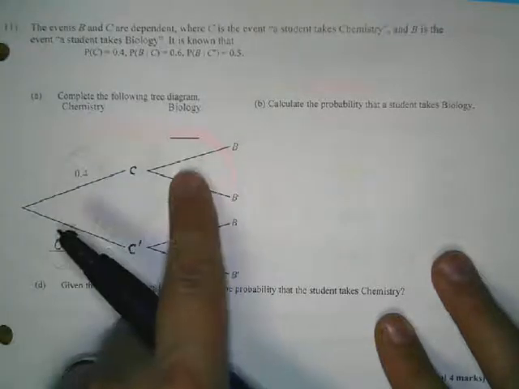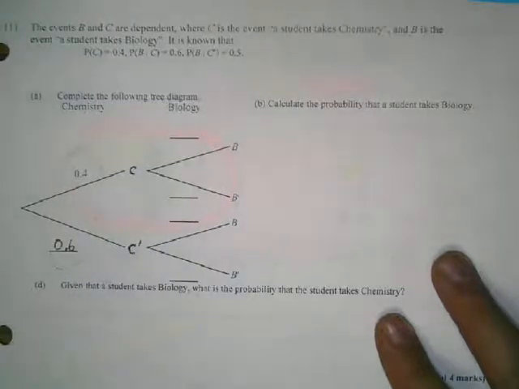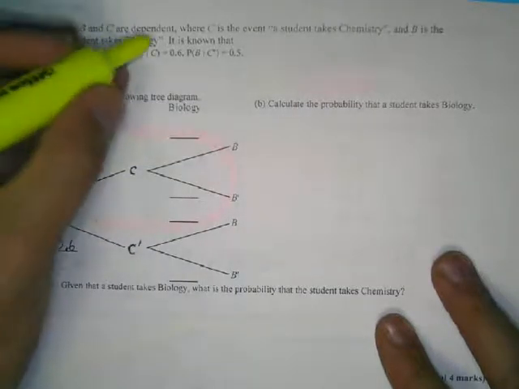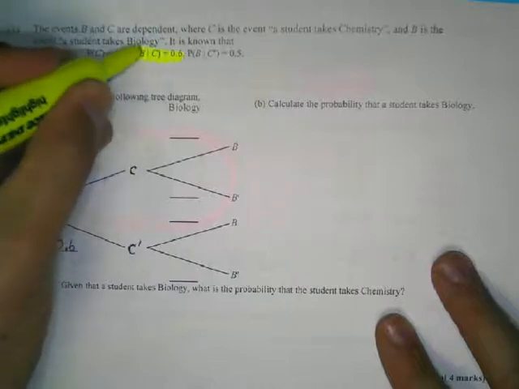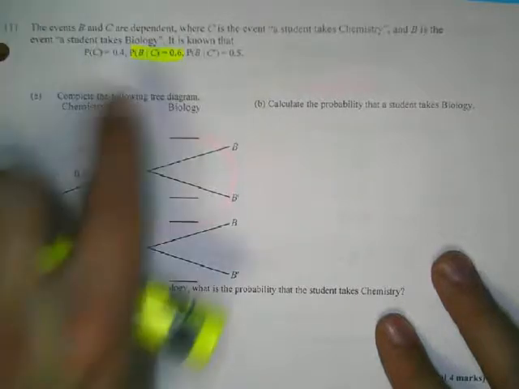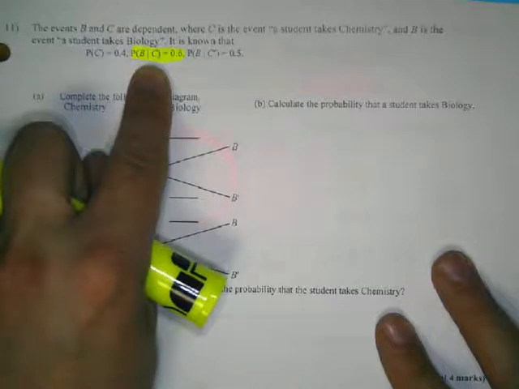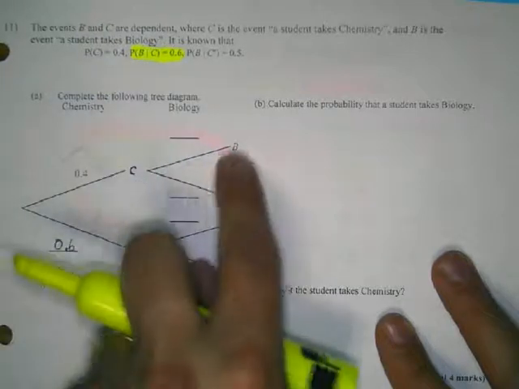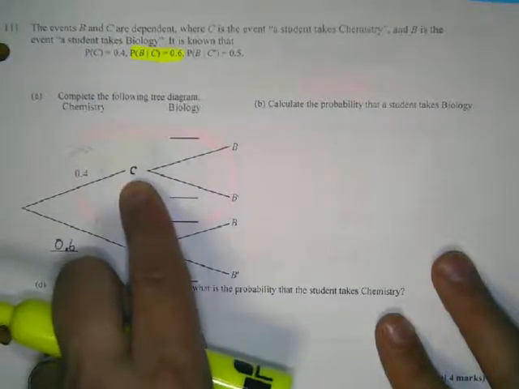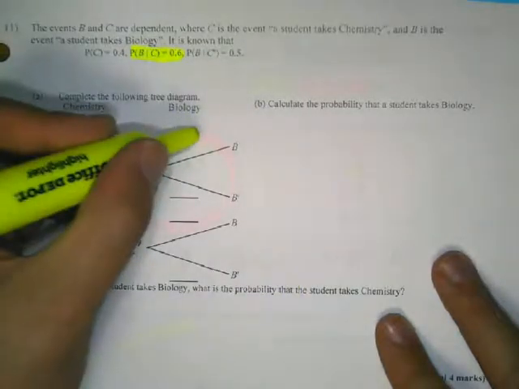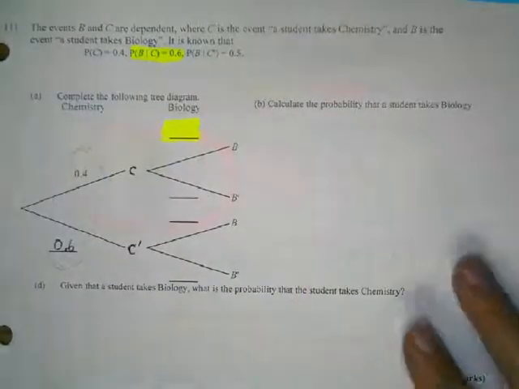Okay, so the probability of B given C, this is saying the probability of getting B given that you're doing C is 0.6.